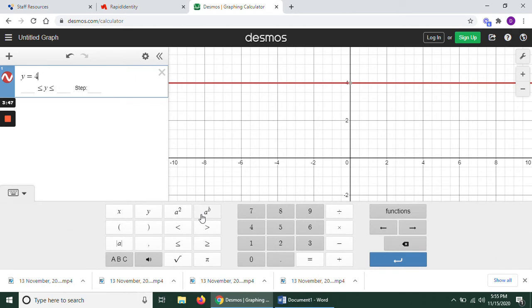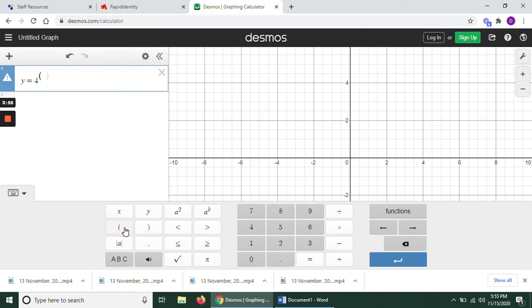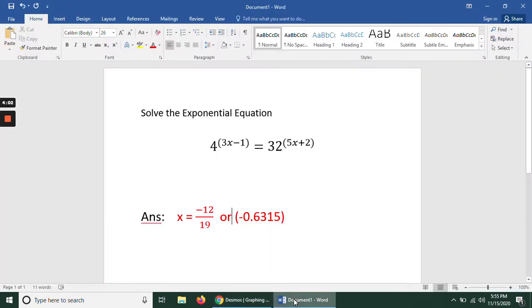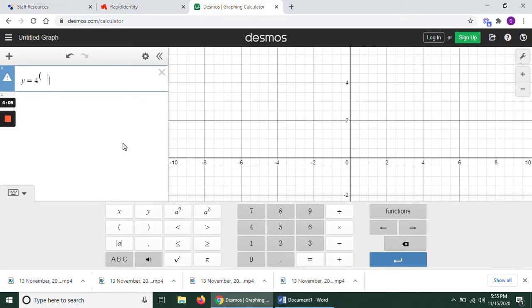I'm going to press a to the b. I'm going to use parentheses. Very important to use parentheses. I'm going to type 3x take away 1, close parentheses. Okay, that's my first equation.